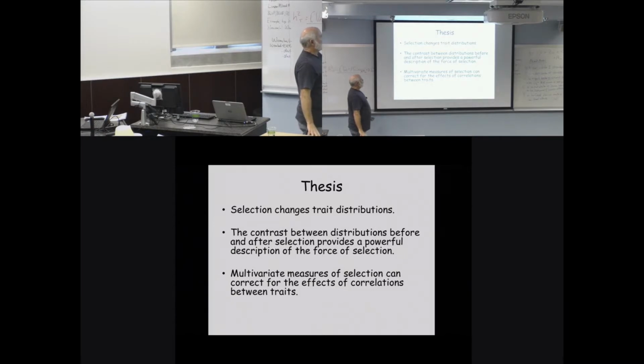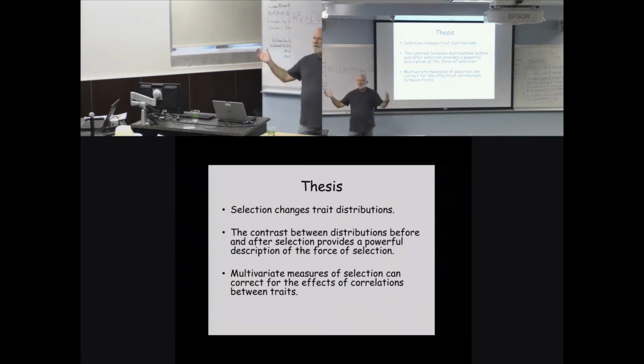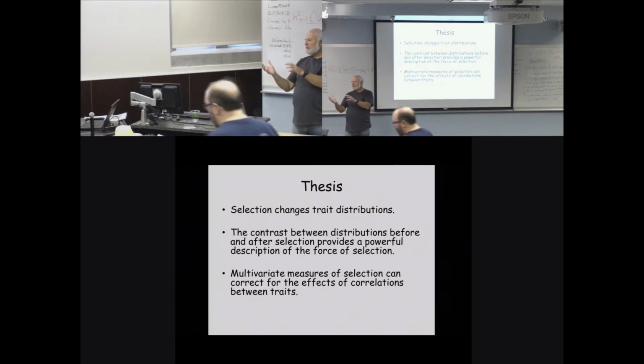We're also going to see that multivariate measures of selection can correct for correlations between traits when we go to the multivariate world. We not only have these correlations exerting effects, but we can correct for them. And this is the standard. How many of you have taken multivariate stats? Raise your hand. If you think back to multivariate stats, when you have correlations and you correct for them, you go from multivariate space to univariate space.